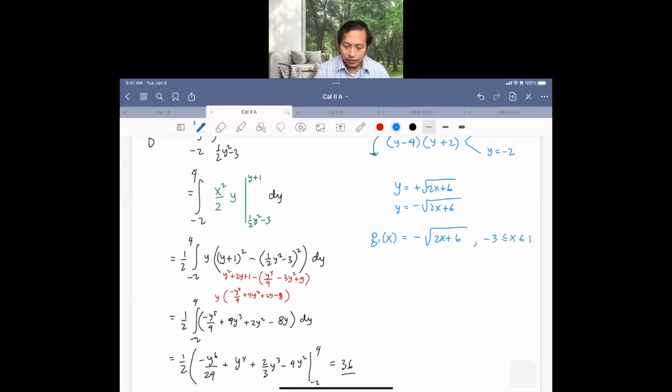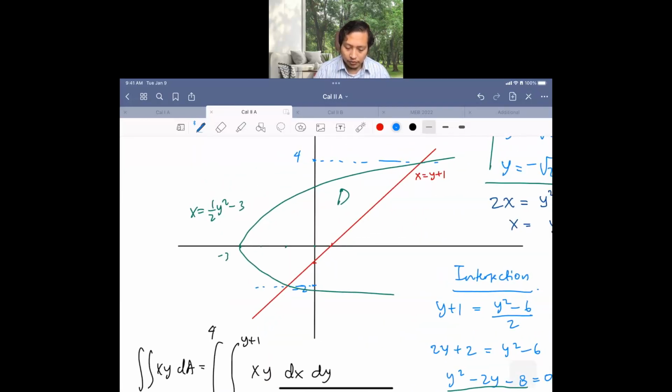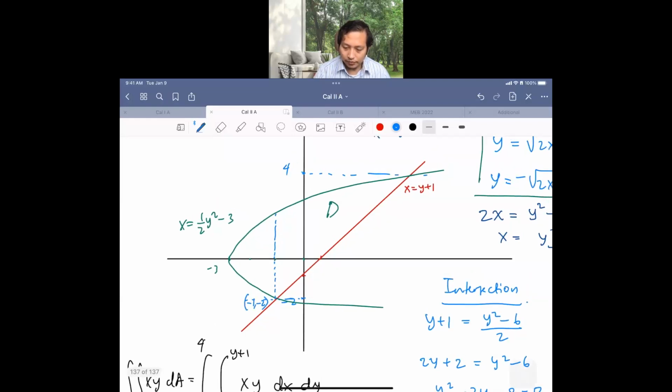Okay, so if you see here, from these two parts, we will be having two components for this part. This is negative 1, negative 2. This is 4.